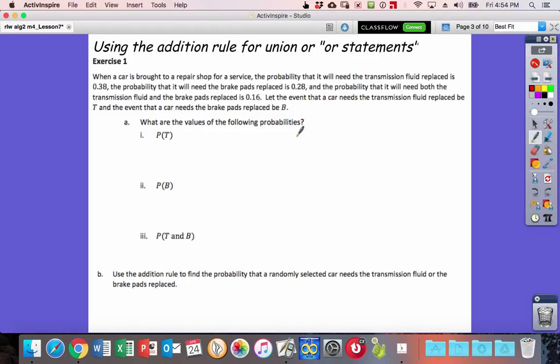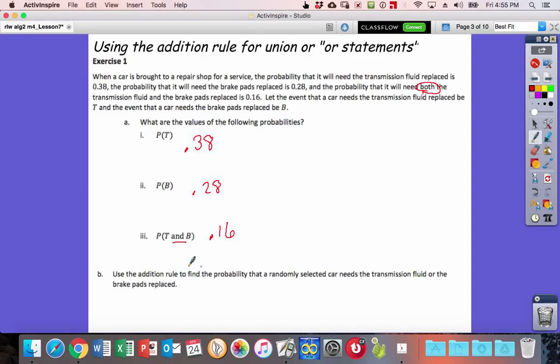This one, the first exercise they give you: when a car is brought to a repair shop, the probability it will need transmission fluid replaced is 0.38. The probability they'll need brake pads is 0.28. The probability it will need both transmission fluid and brake pads, they give it to you, is 0.16.